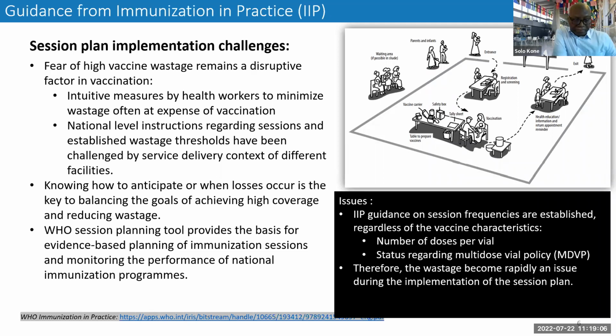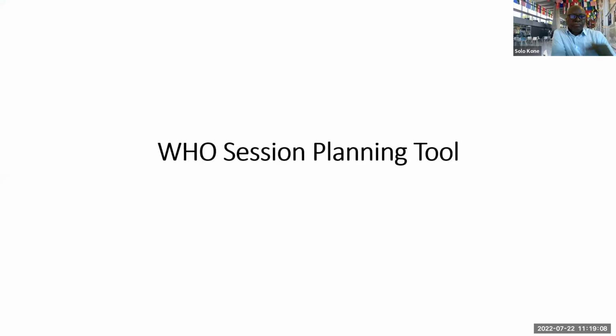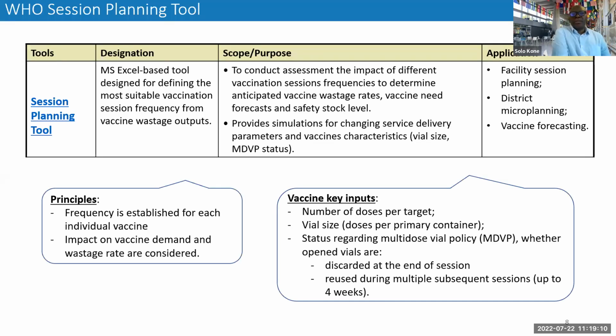Now we are going to give a snapshot of the tool. First of all, it is an Excel-based tool designed for defining the most suitable vaccination session frequency from the vaccine wastage output and vaccine demand.